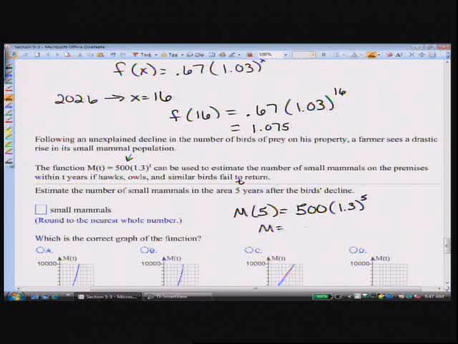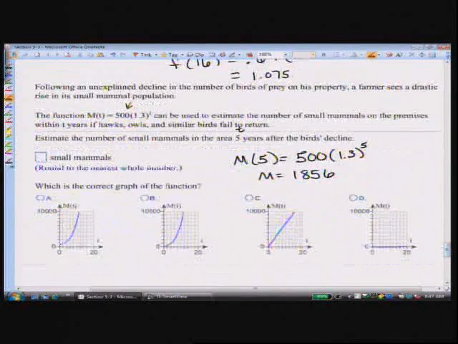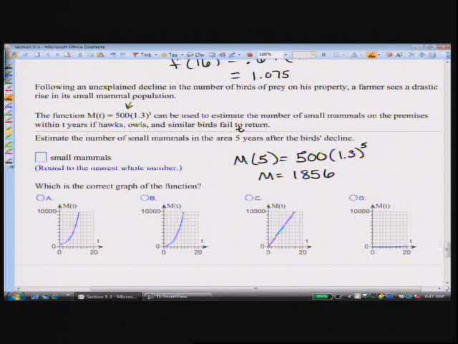So m equals 1,856. Now, your graph is going to grow really, really fast. And so it's going to be this one, choice A. You can type it in your calculator, but notice your window. You're going to have to get really big on your Y.